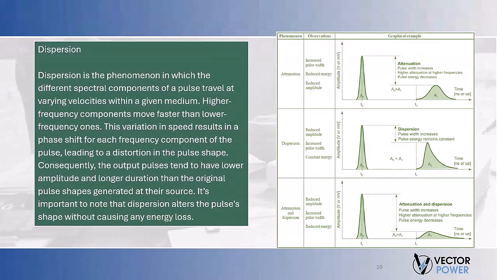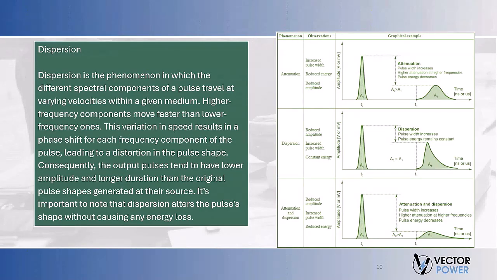Now let's address dispersion. Dispersion is the phenomenon in which the different spectral components of a pulse travel at varying velocities within a given medium. Higher frequency components move faster than lower frequency ones. This variation in speed results in a phase shift for each frequency component of the pulse, leading to a distortion in the pulse shape.